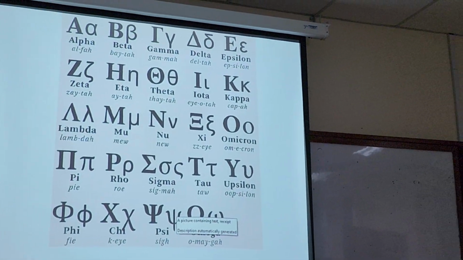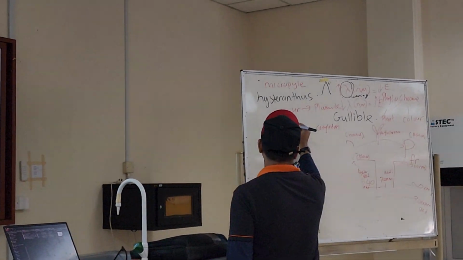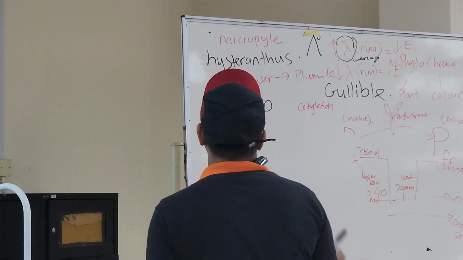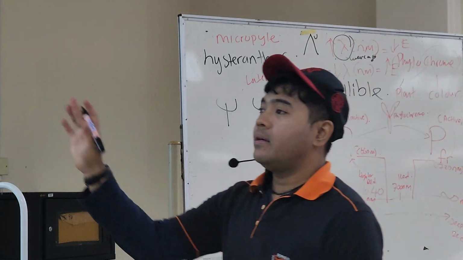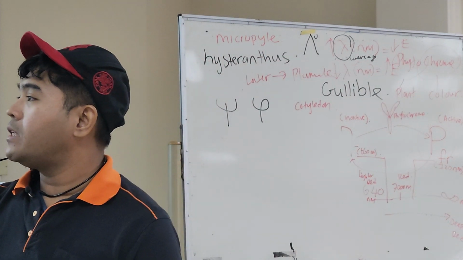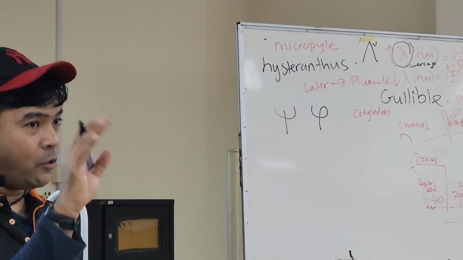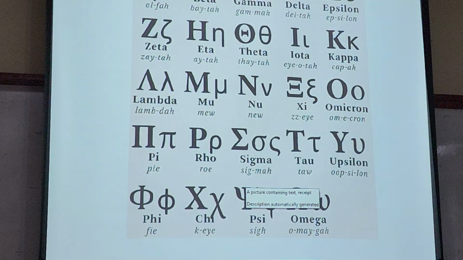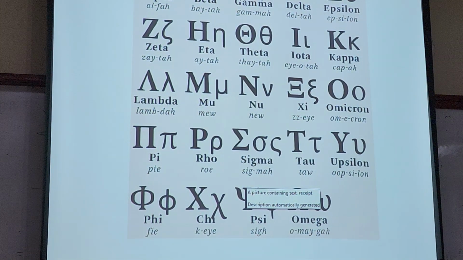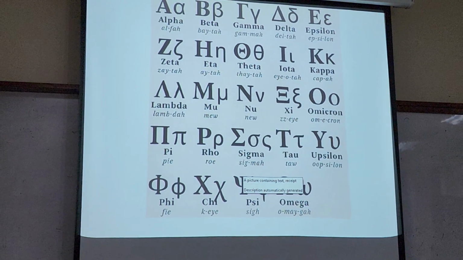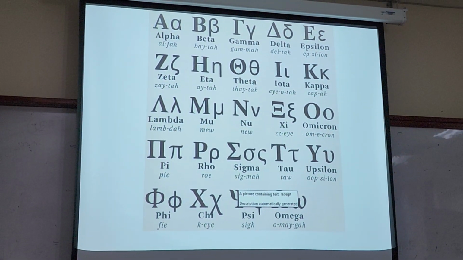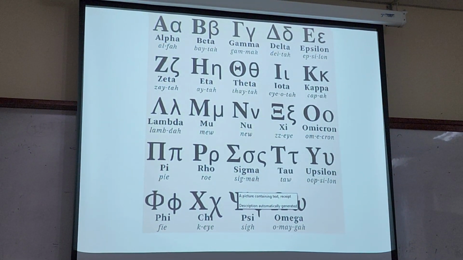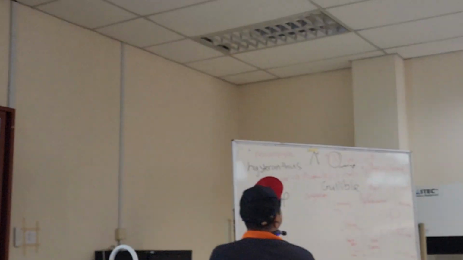It looks like this, or you can write it like this. The lowercase and uppercase look pretty much the same, so that's good for you. So the question remains, why use psi as a symbol for water potential in physiology? Why? This actually comes from an object.